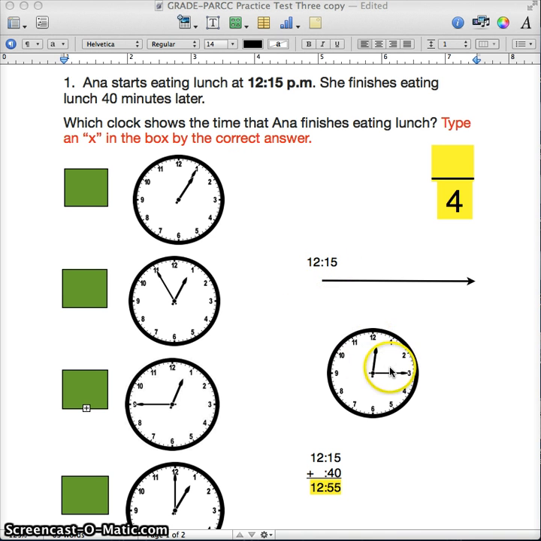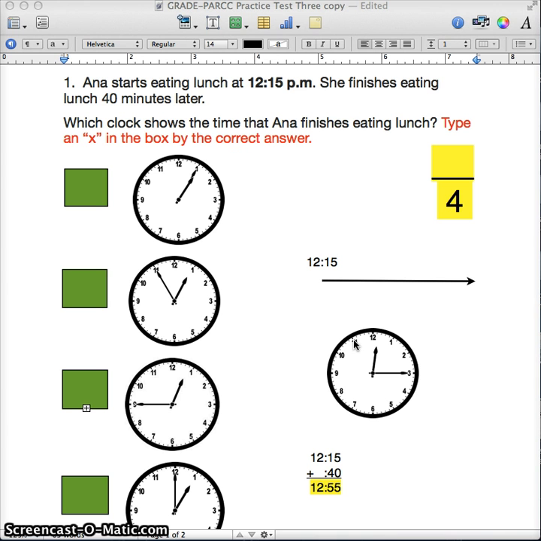A lot of kids like to draw a clock and use a counting strategy to figure it out, and this might have been the strategy I would have chosen. So let's do that. Make yourself a clock. I've got one here and I've already gone ahead and set it for 12:15, and let's go ahead and count 40 minutes and see where that takes us. 5, 10, 15, 20, 25, 30, 35, 40.